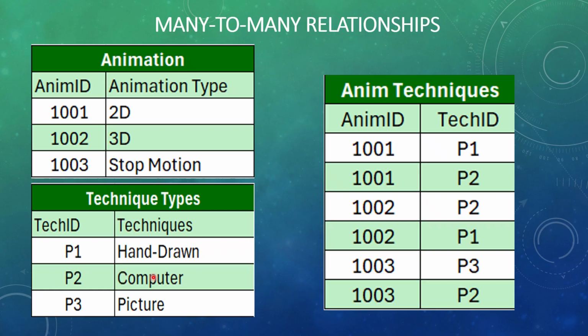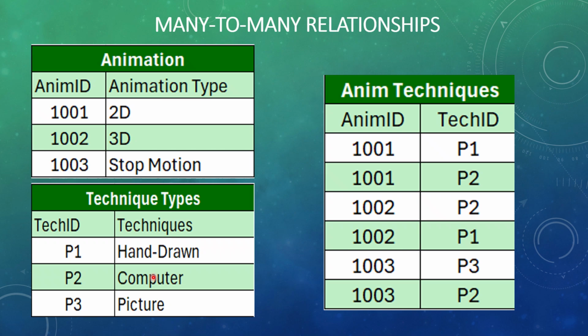If I ever wanted to expand a table with either more techniques or animations, in order to join this information, we need to create a linking table that will serve as a bridge. This allows us to make two one-to-many relationships that will join several rows from the animation table to several rows in the technique table.